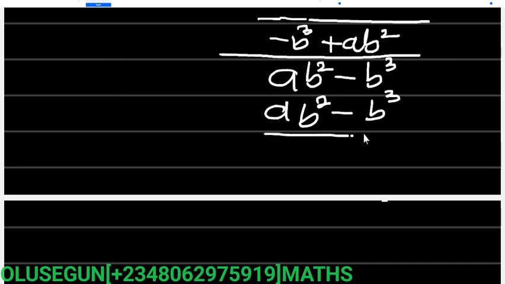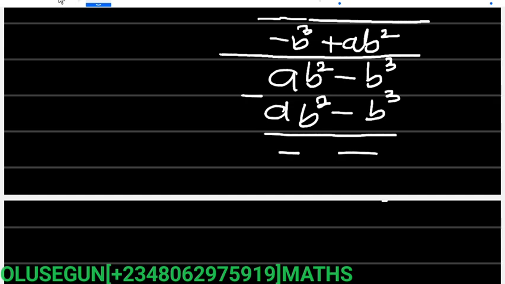So you now subtract again. So by the time you subtract from here to here, it becomes dash. Minus b raised to power 3 minus b raised to power 3 will give us minus b raised to power 3 plus b raised to power 3. So it has no remainder.